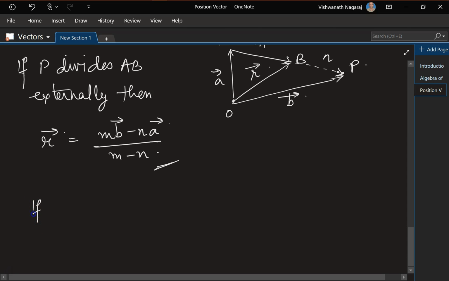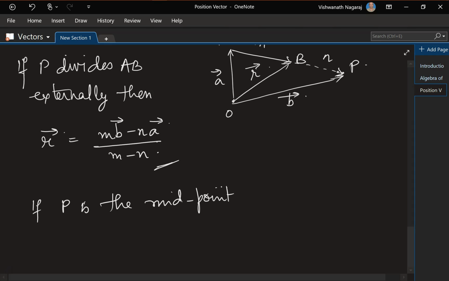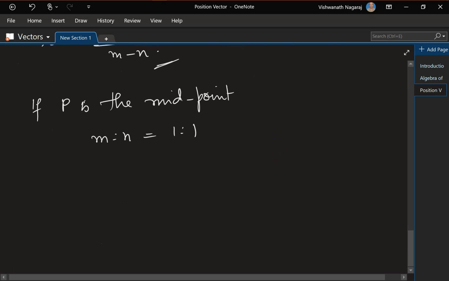Now, if P is the midpoint, that means it is exactly in the middle of AB. In case of internal, naturally, the moment we say midpoint, it must be in between A and B. So, which means what? M is to N, since it divides it equally, is 1 is to 1. So, what will happen?